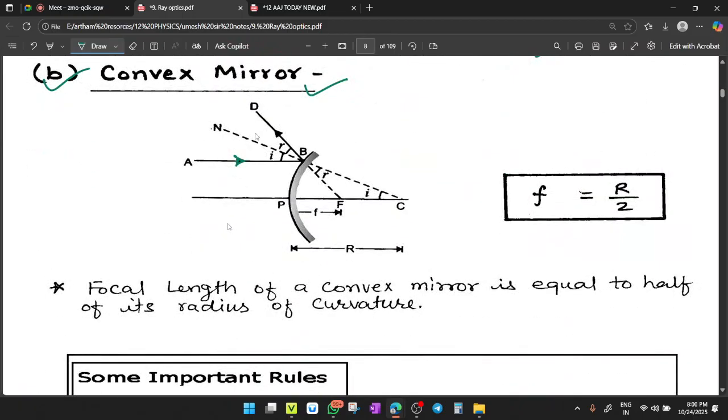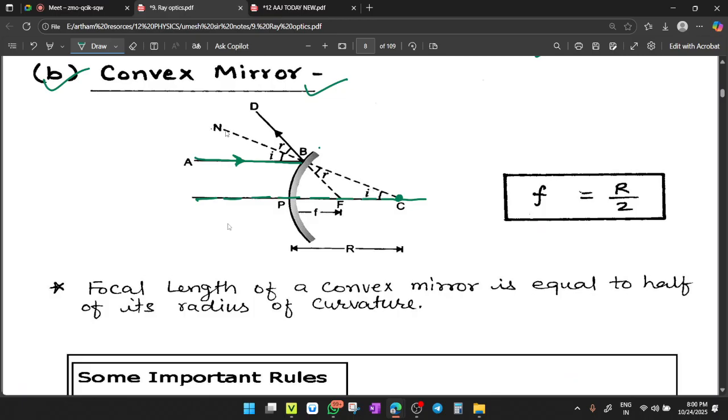Now check here in the case of a convex mirror. What will happen? First, this is the principal axis. The center of curvature of the convex mirror is towards the right side, as the part of the mirror lies here. Now, first it is the incident ray. On the point of incidence, make a normal.